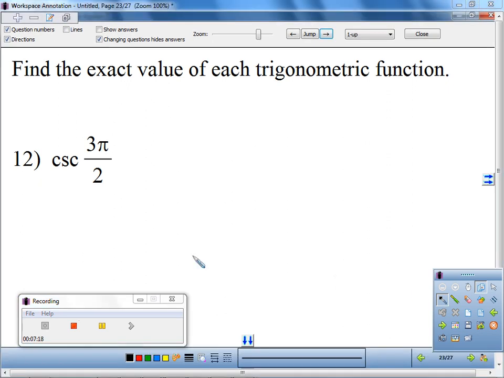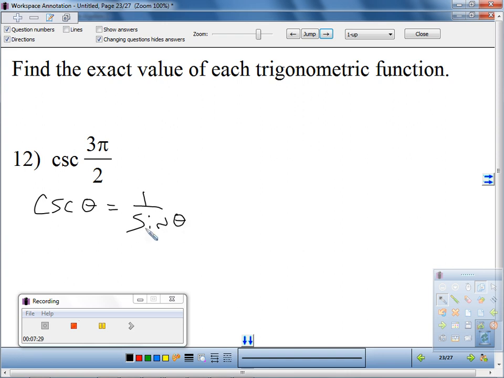Alright, cosecant. Remember cosecant is the inverse of sine. So sine goes with cosecant. And we know sine is equal to our y value. So we'll go 3 halves.